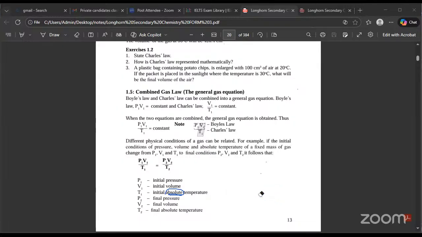So it is very important for you to remember that we are doing the conversion of the temperature from degrees Celsius to Kelvin. So Kelvin is the one that we use to calculate. I told you when we were dealing with Charles' law that in any question that comes with a temperature, and you are to use that temperature to calculate, to do the math, the first thing you must do is convert it.